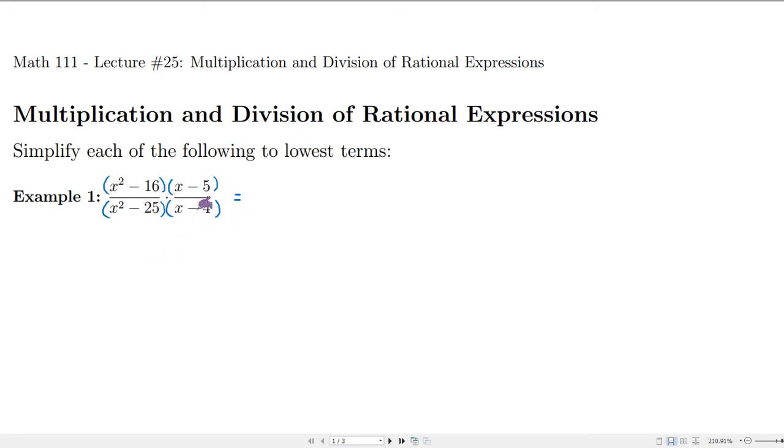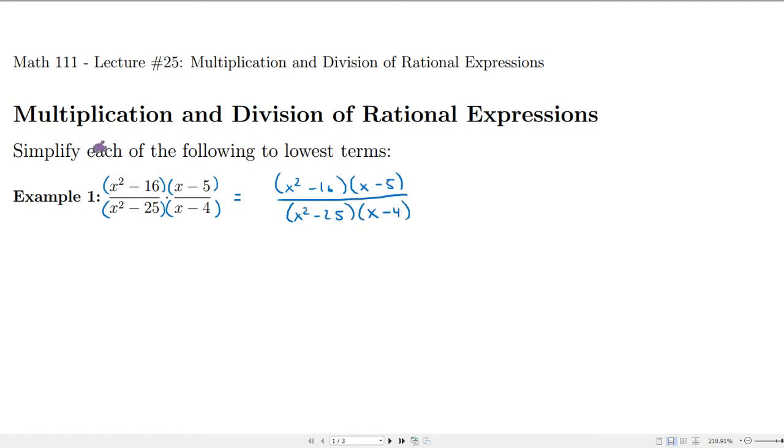And then when you're multiplying, that's essentially it. You multiply the numerator, you multiply the denominator, and so now we have x squared minus 16 times x minus 5 divided by x squared minus 25 times x minus 4. So you just multiply numerators, multiply denominators.